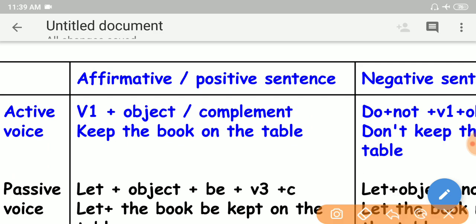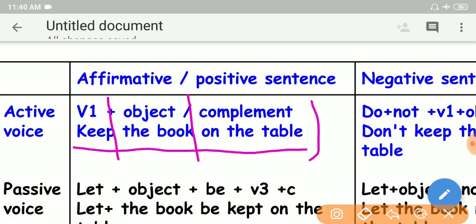So let us learn through examples. Keep the book on the table. Keep the book on the table is the example. Keep is the verb, book is the object, on the table is the complement. I already told you book is a non-living thing.